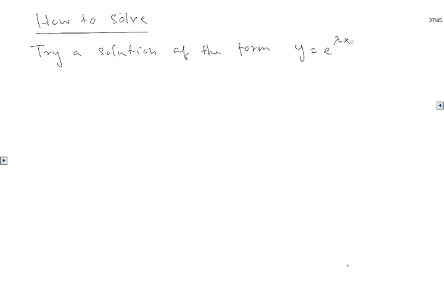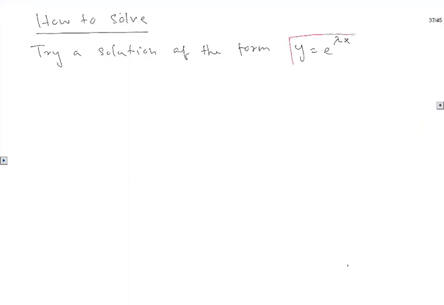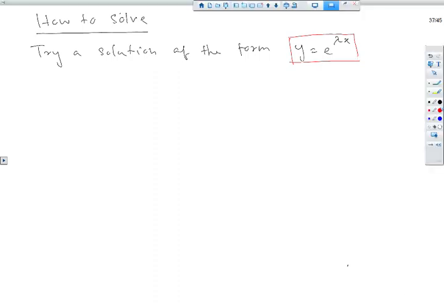Lambda is a number that we don't know, it's unknown, but we can assume that the solution has this form. The reason is that when you take the derivative of e to the lambda x, e to the lambda x stays there. We can use that fact.